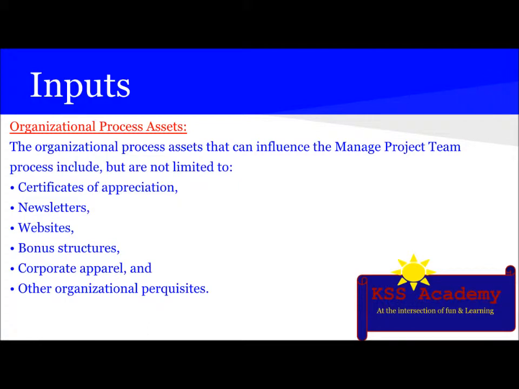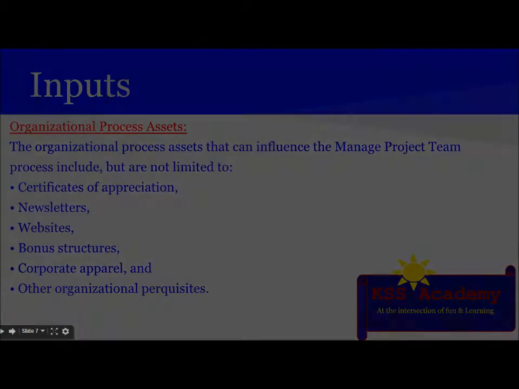The next input is organizational process asset, and those include certificates of appreciation, newsletters, websites, bonus structures, corporate apparel, and other organizational prerequisites.